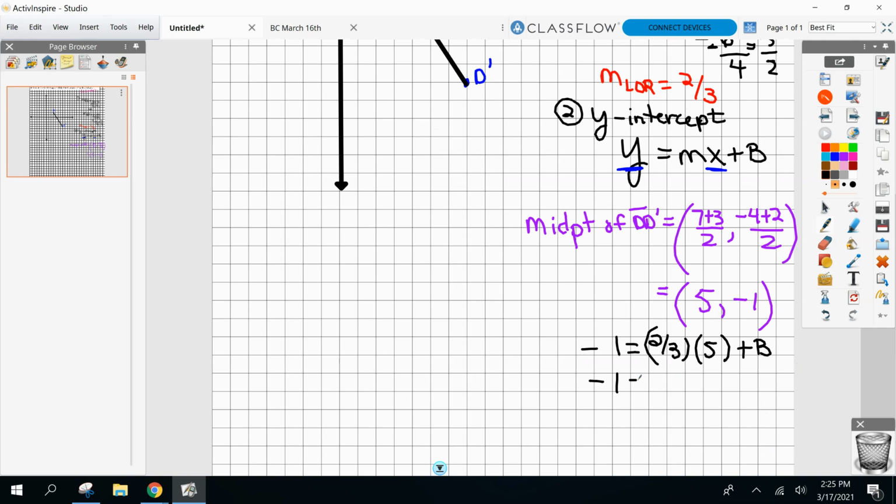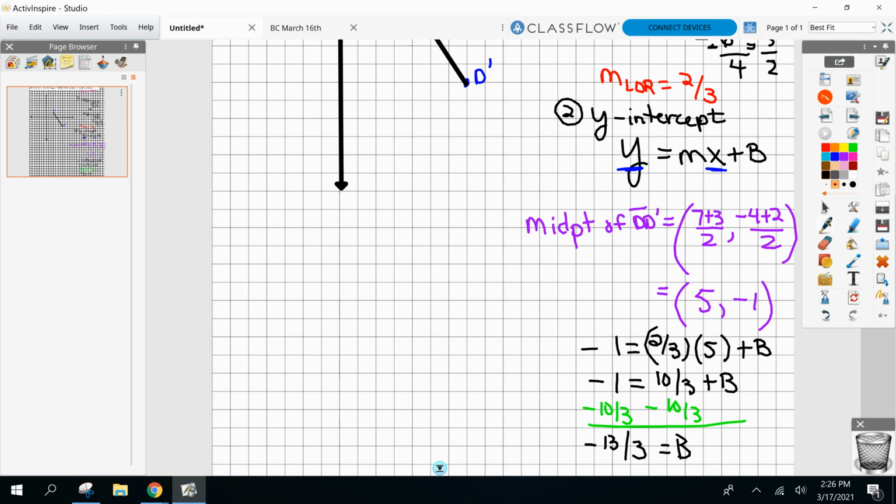Negative 1 equals, and I don't feel any sympathy for you guys, you have calculators that can handle this. 2/3 times 5 is 10/3 plus b. Move the 10/3 over by subtracting it. Again, you can just go right in your calculator. So it looks like my y-intercept is negative 13/3.